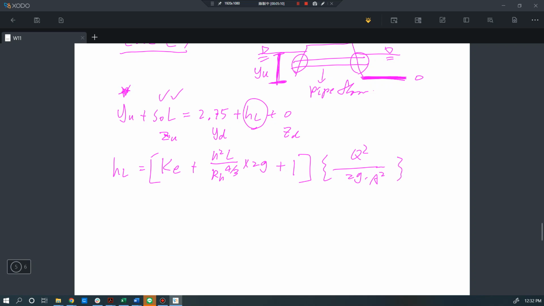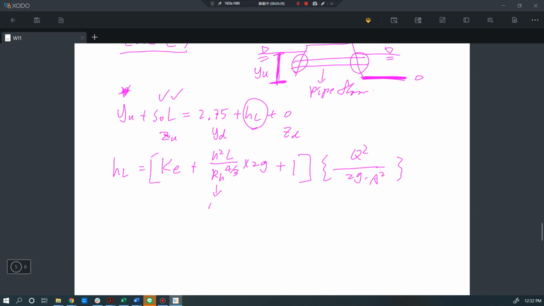And this RH is the wetted perimeter. Oh, no, it's not the wetted perimeter, it's the hydraulic radius.